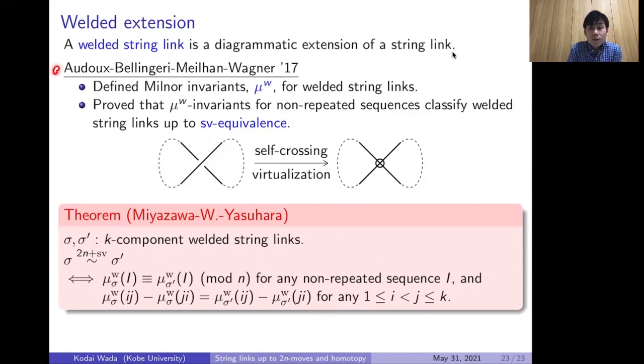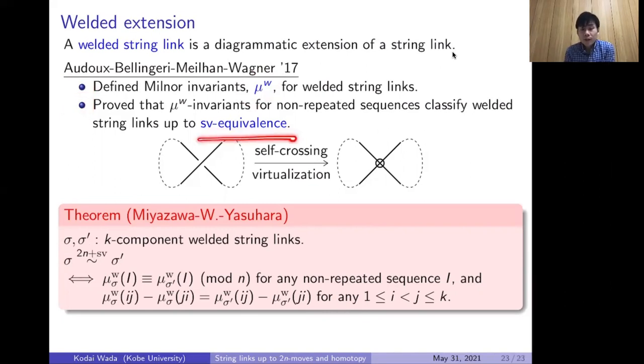In 2017, Audoux, Meilhan, and Wagner defined Milnor invariants denoted by mu w for virtual string links, and proved that mu w invariants for non-repeated sequences classify virtual string links up to SV equivalence.